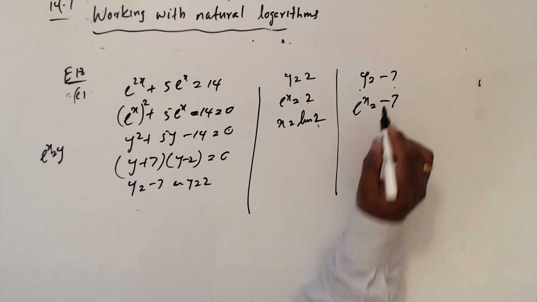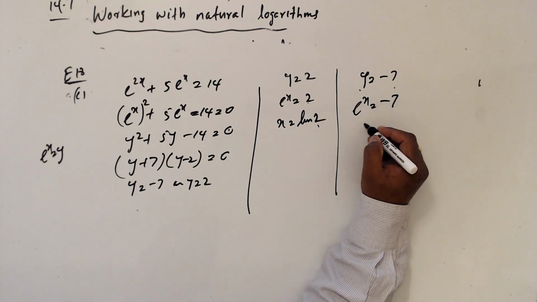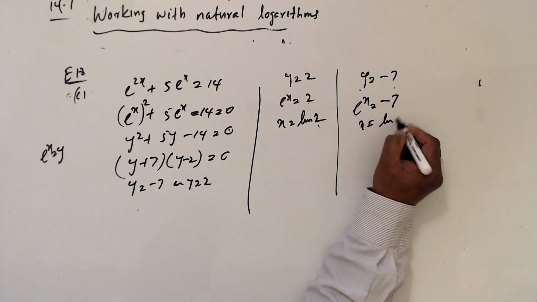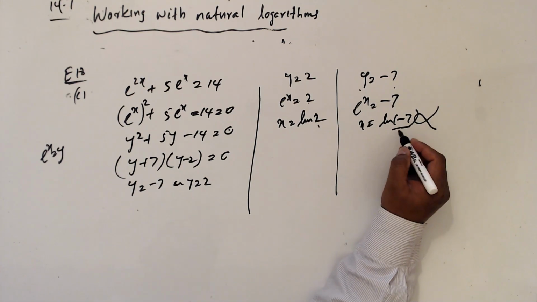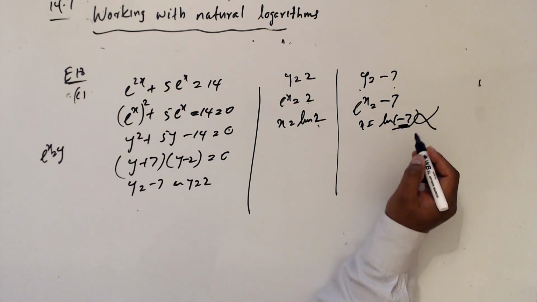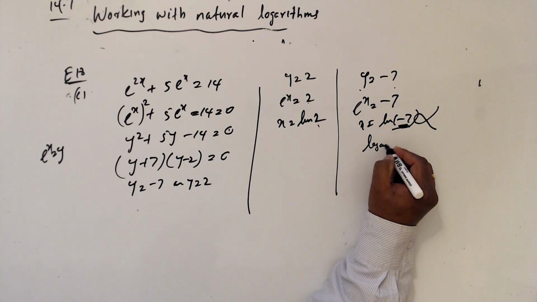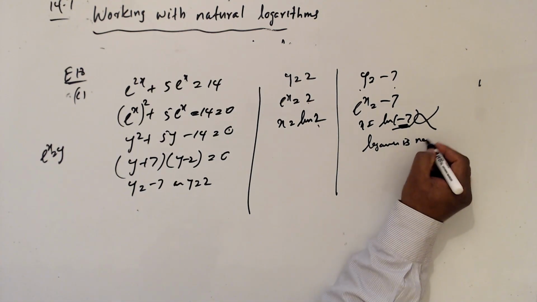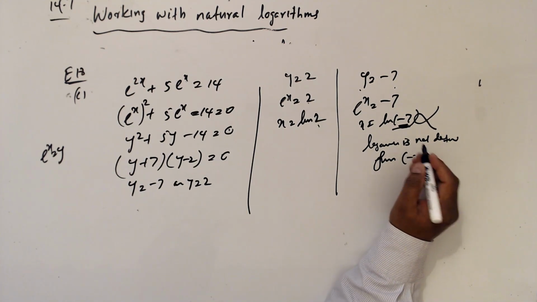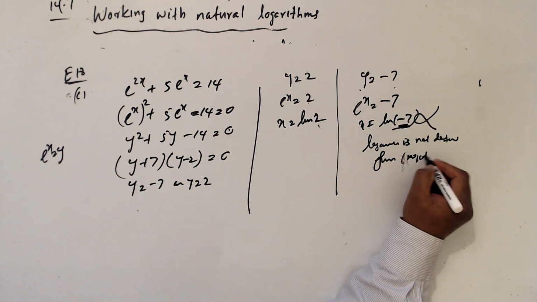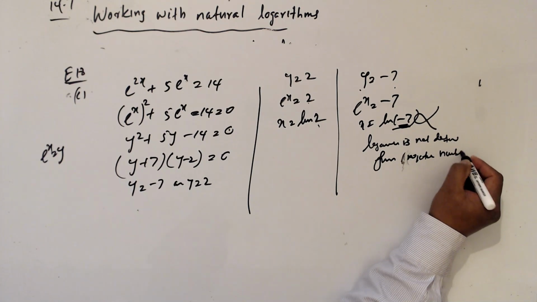If we take the logarithm, this would be x equals ln of minus 7, but this is wrong because the logarithm is not defined for negative numbers.